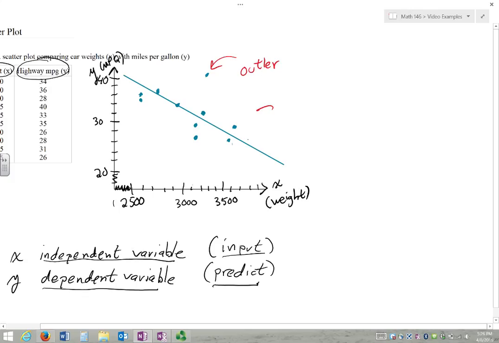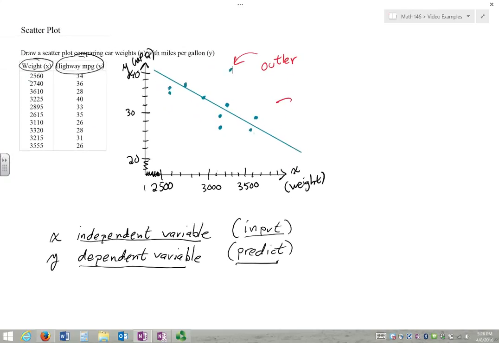And so we might conclude what we probably think already, that a heavier car is going to get fewer miles per gallon. There are tests such as correlation coefficient and linear regression, which we can use to measure this a little bit more numerically. But those are the basics of making a scatter plot.